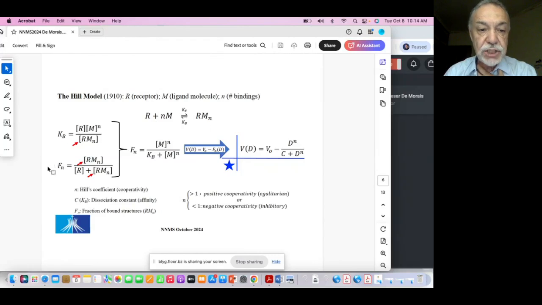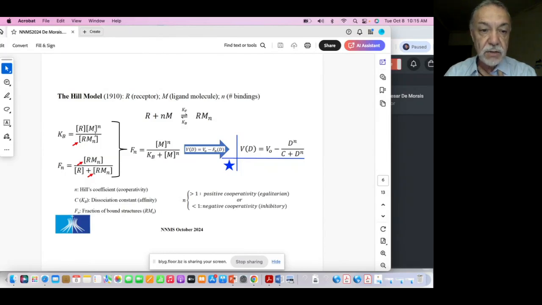Another point we should emphasize in describing this process is the fraction of the bound structure. This is the complex, or the bound structure. What is the fraction of this in the system? The fraction we call Fn. It is the molar concentration of the complex over the total concentration of receptors, that is, receptors which are not bound and receptors which are bound by the molecules.